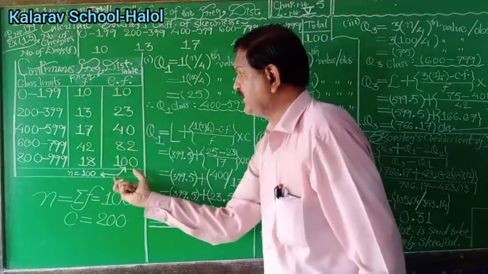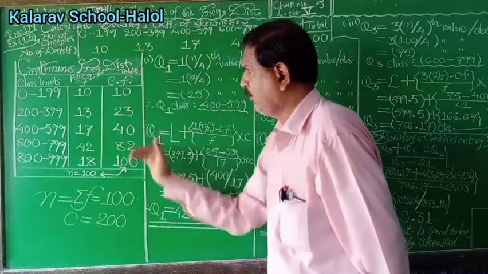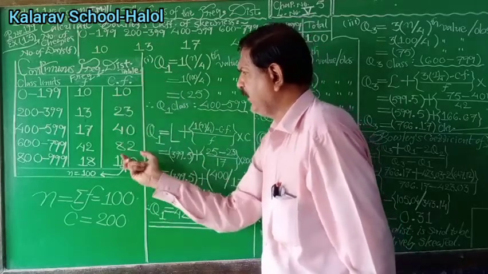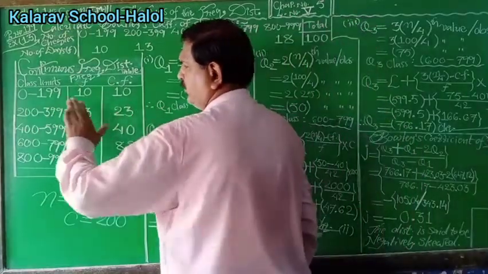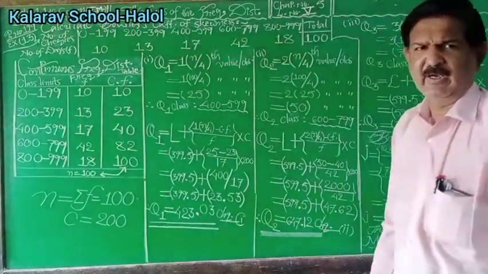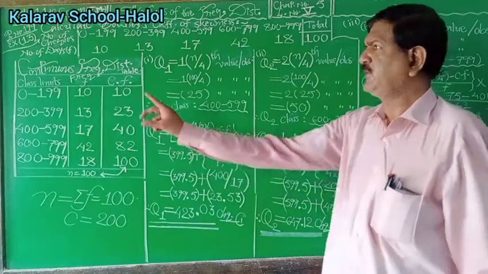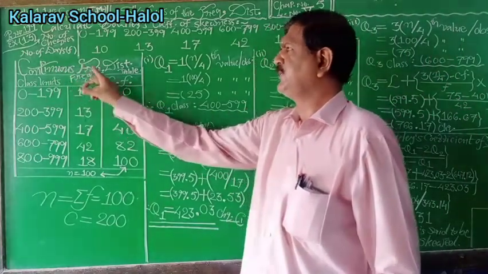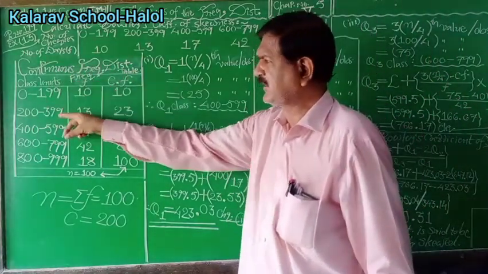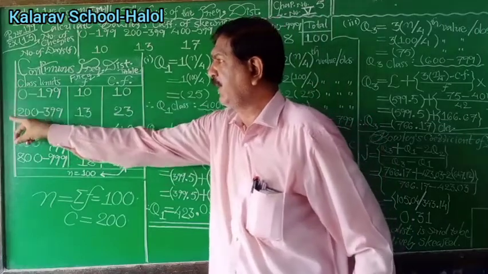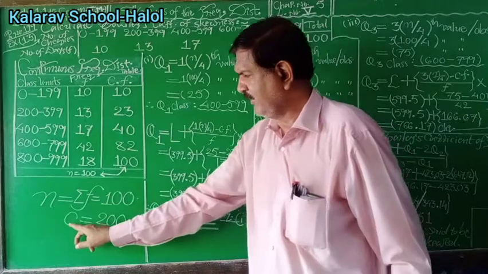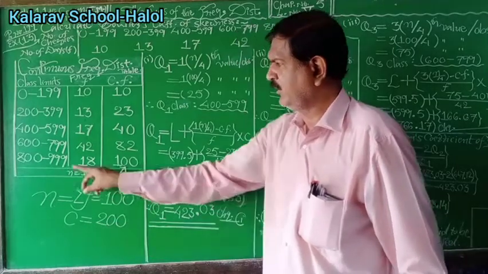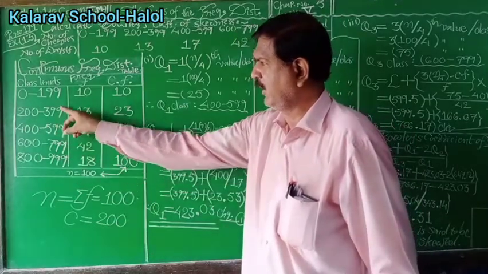These are the less than type cumulative frequencies, top to bottom. Three columns are enough in this table. The distribution is known as a continuous type frequency distribution table, and these classes are inclusive type classes. N means frequency total 100, and C means class interval, class width 200.